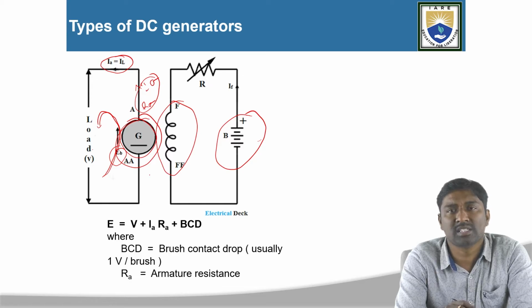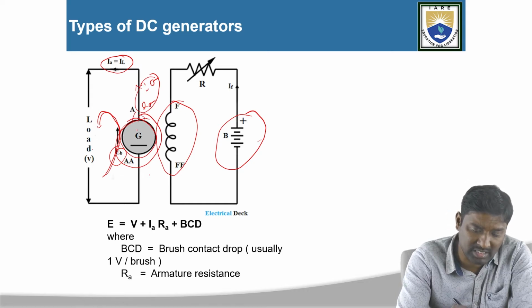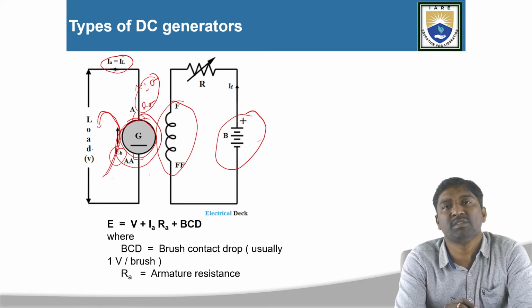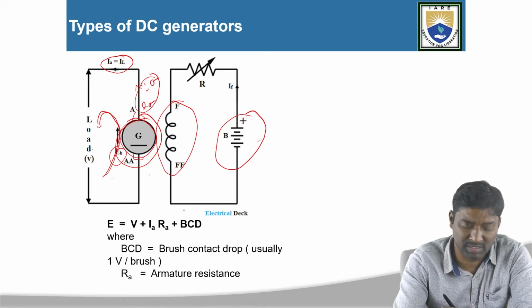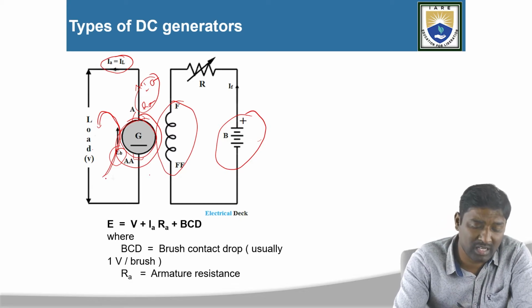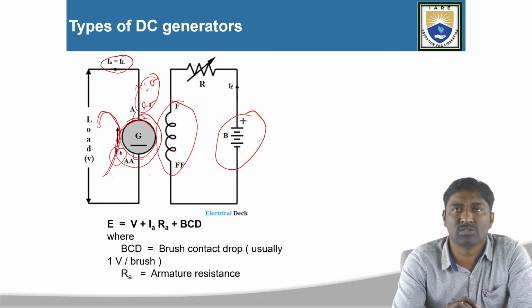Again I am getting here the brushes. According to the construction of the DC machine, the brushes are there. That is the brush contact drop, BCD. Now you can apply here KVL, that is, the sum of the voltages in the loop is equal to 0.